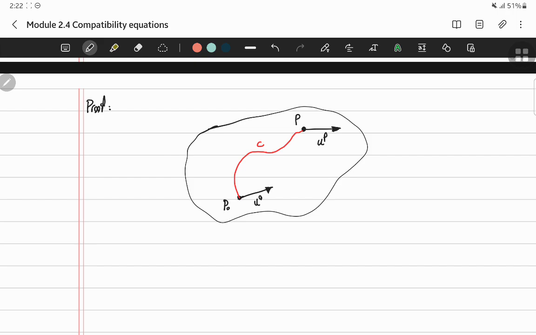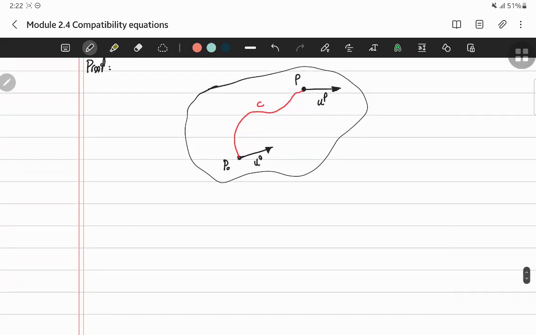So in order to write the displacement, we can write in here ui at P, because ui is u1, u2, u3, and here we are at P, and here it is P0, or we can simply call it O, right? This is the origin. We put our origin in here, and we can call this point P0.